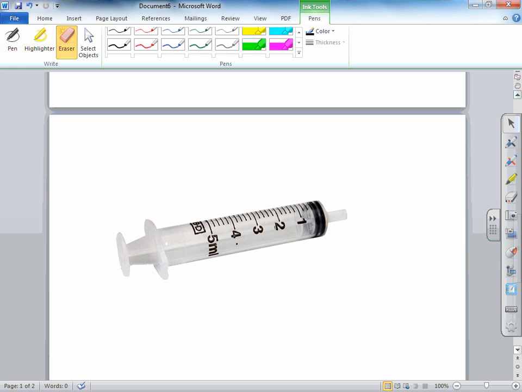So I'm going to find my 3 milliliters. My 3 milliliters, of course, is here. But I need to go to 3.6 milliliters. So remember, on the 5 milliliter syringe, the lines between each whole number indicate 0.2.